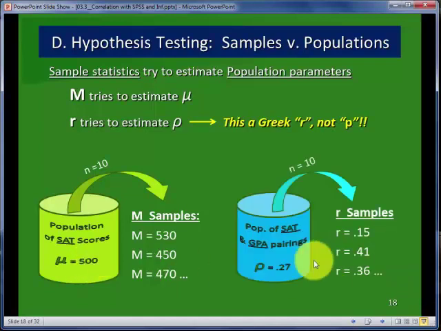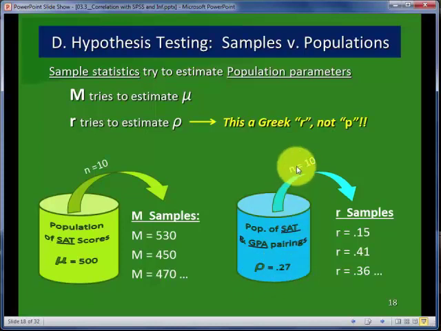In the same way, let's imagine that our rho, the correlation at the population level between two things, say SAT and GPA, is really 0.27. In other words, if I had data on everybody in the world, including you and your brother and your favorite schnauzer, the true correlation would be 0.27.